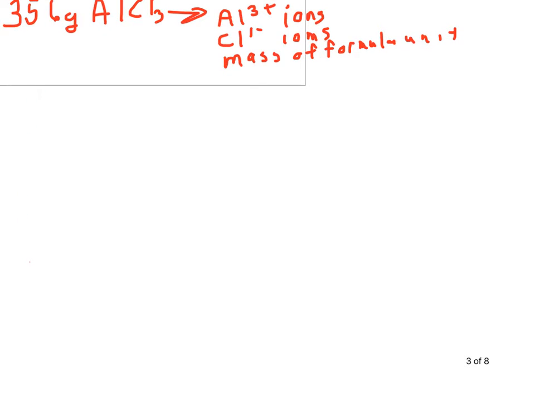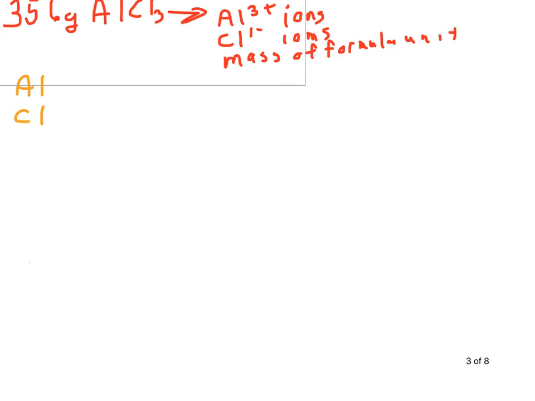So first thing we're going to want to do is find the molar mass. On a periodic table, we want to look up aluminum, and we want to look up chlorine.